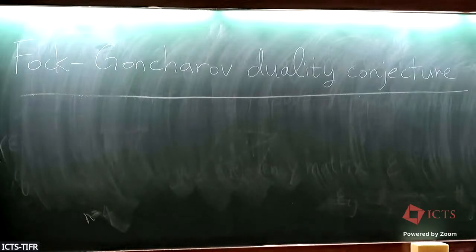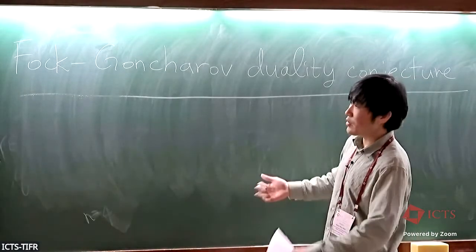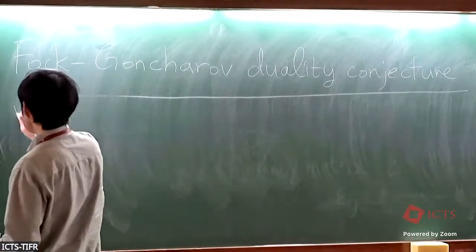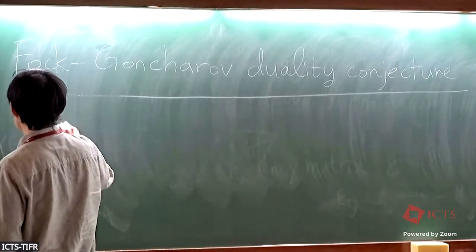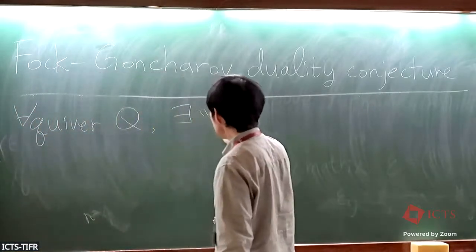Which was there essentially from the beginning of Fock and Goncharov's work. So they originally formulated it for only the N-triangulation quivers, but then they generalized to all quivers. So one version looks like the following. So for every quiver Q, there exists the so-called duality map.